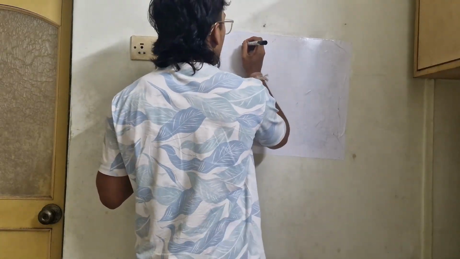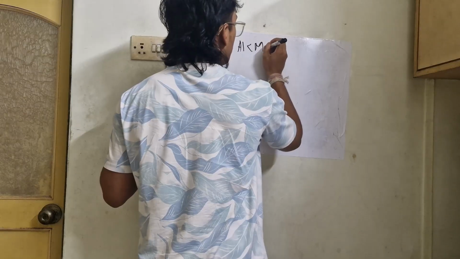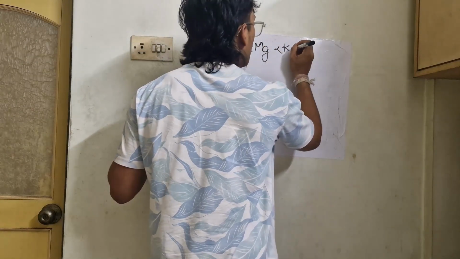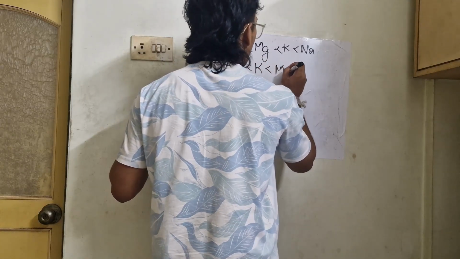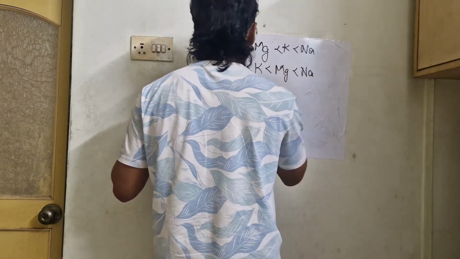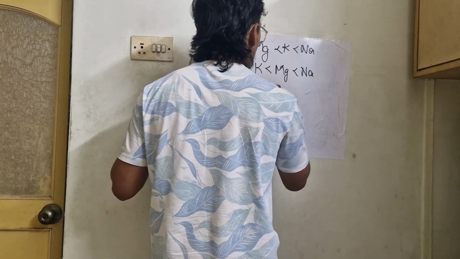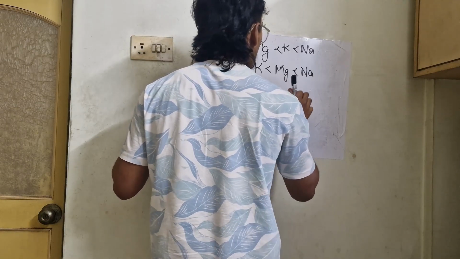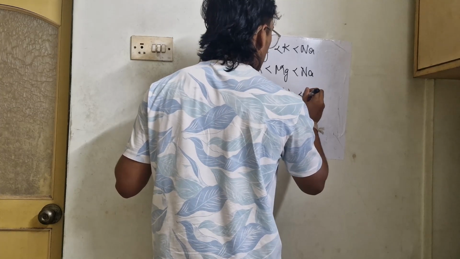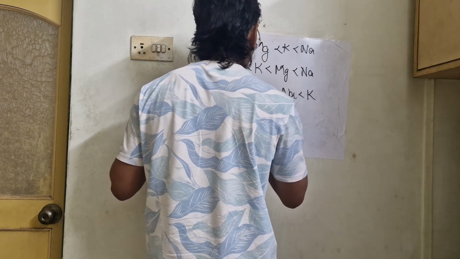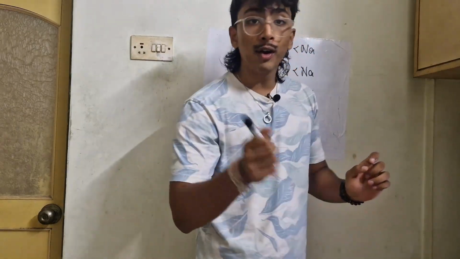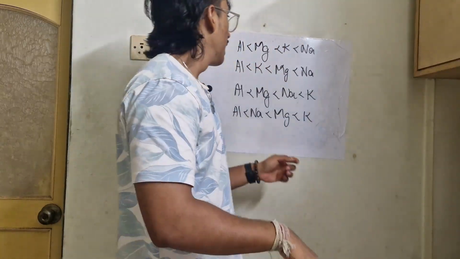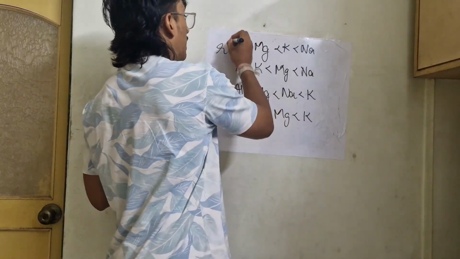Your options are... If you can access the quiz feature, I would want you to answer there, or else you can answer in the comments down below. The increasing order of atomic radius.